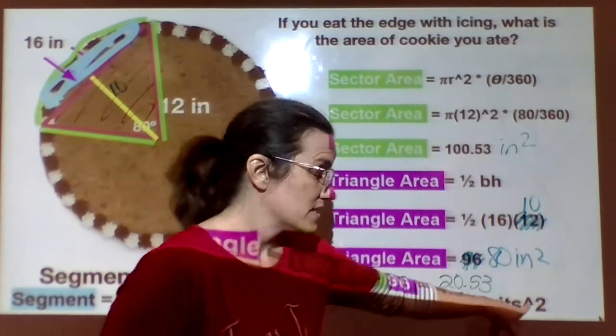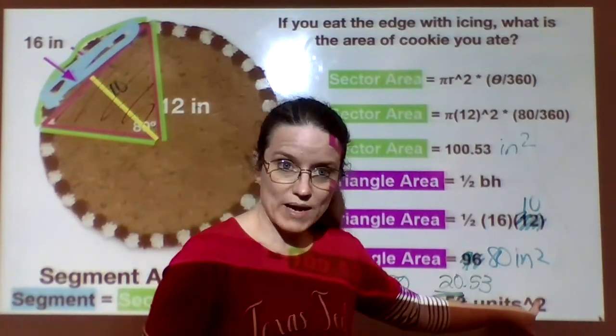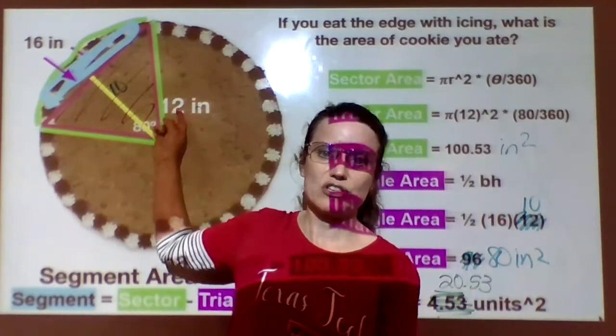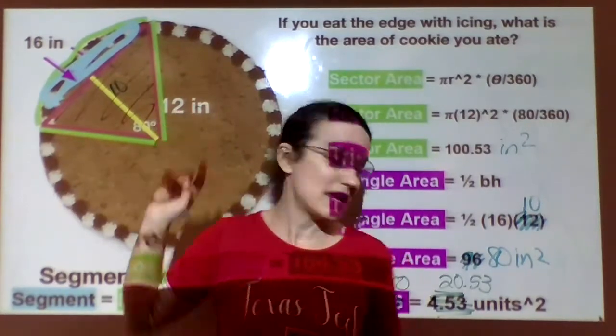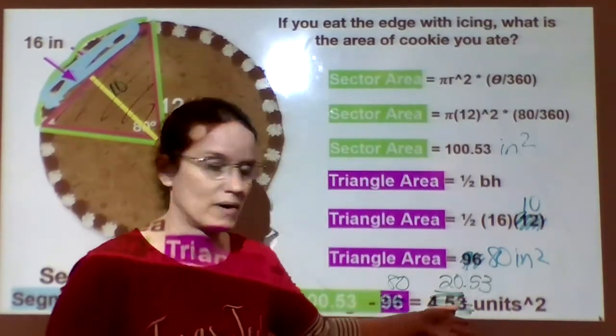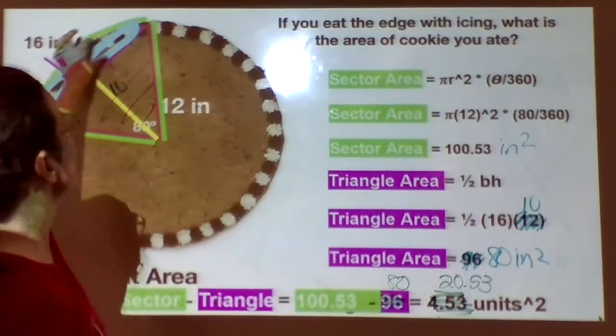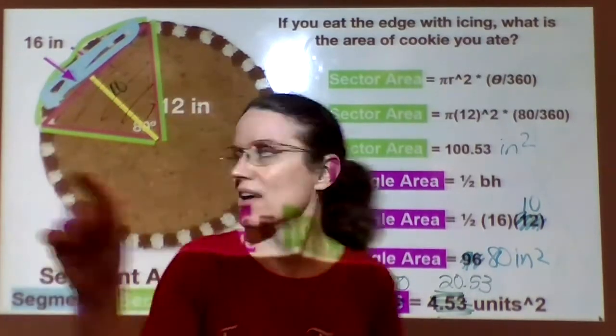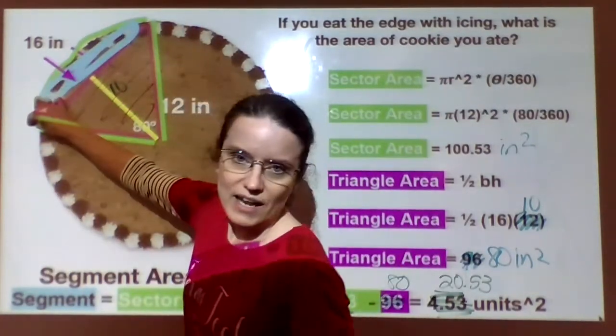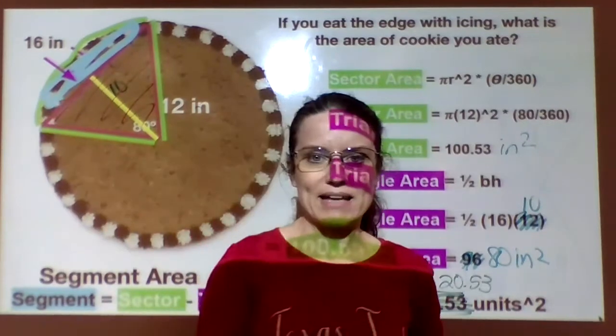And I have units squared here because for some reason I did not pay attention to the fact that it was inches, but it makes my area be in inches squared. So I have 20 little square inches of frosting here that I get to eat out of that little segment of my circle.